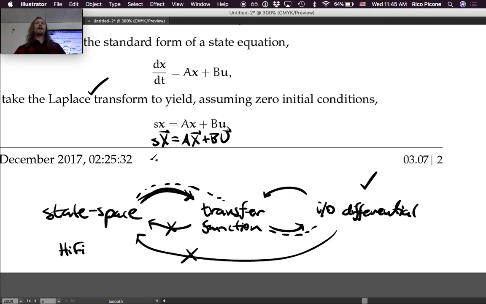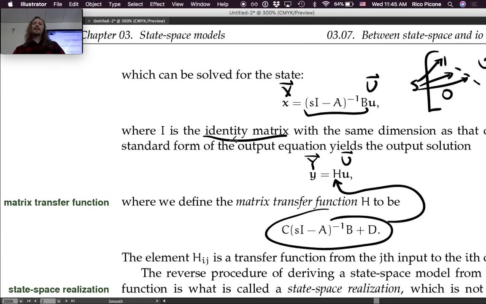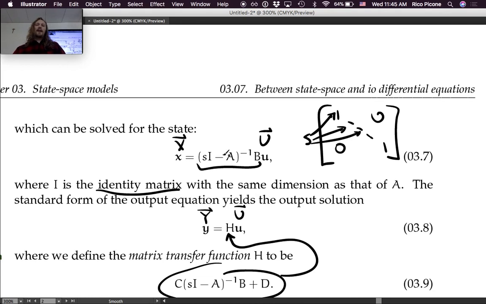So the way we do that, we would say C times (sI minus A) inverse B plus D. And how do I remember that equation? Well, I use it a lot. And also, remember we solved this first one for X, and this was the solution for X, right?